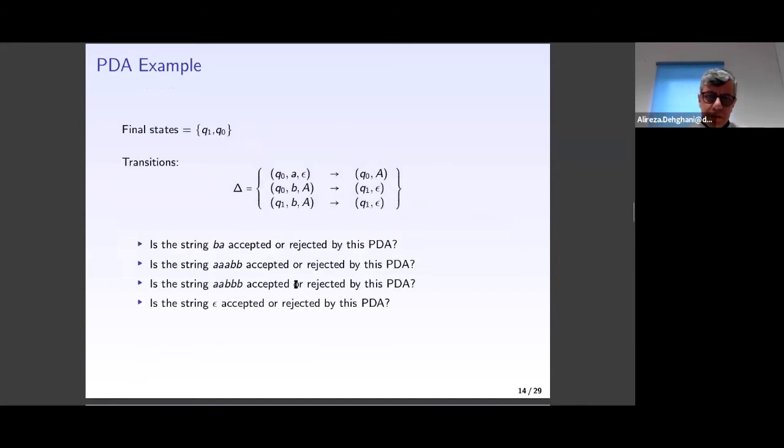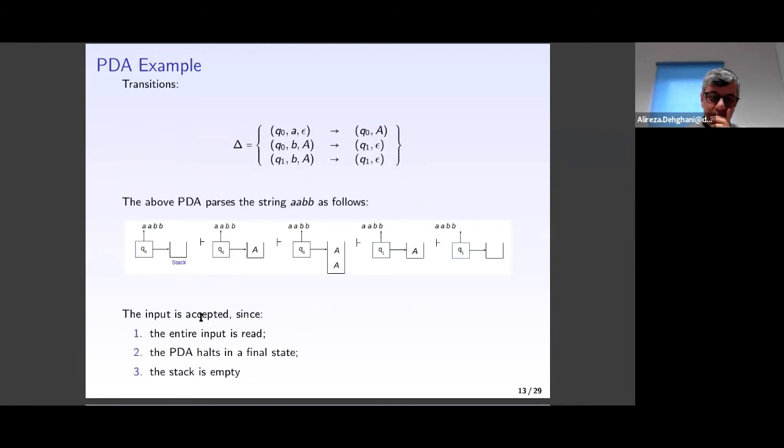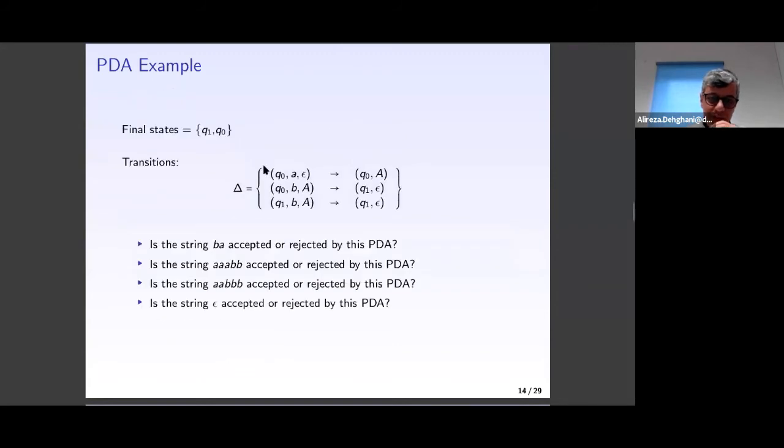Okay. What about this string? Is it accepted by this machine? So what was the story? The story was, if you have B, you should take one coin from your pocket. It means if you start with B, you should take one from your pocket.